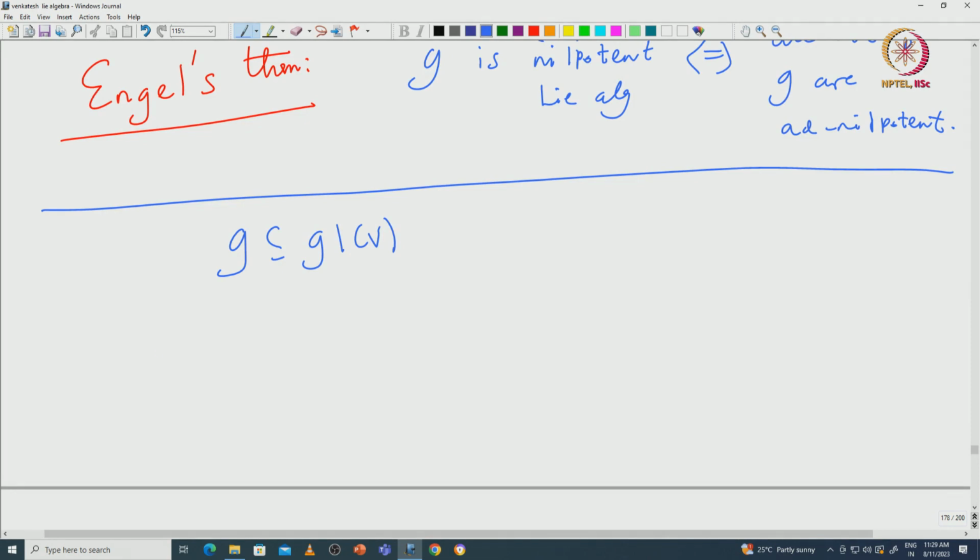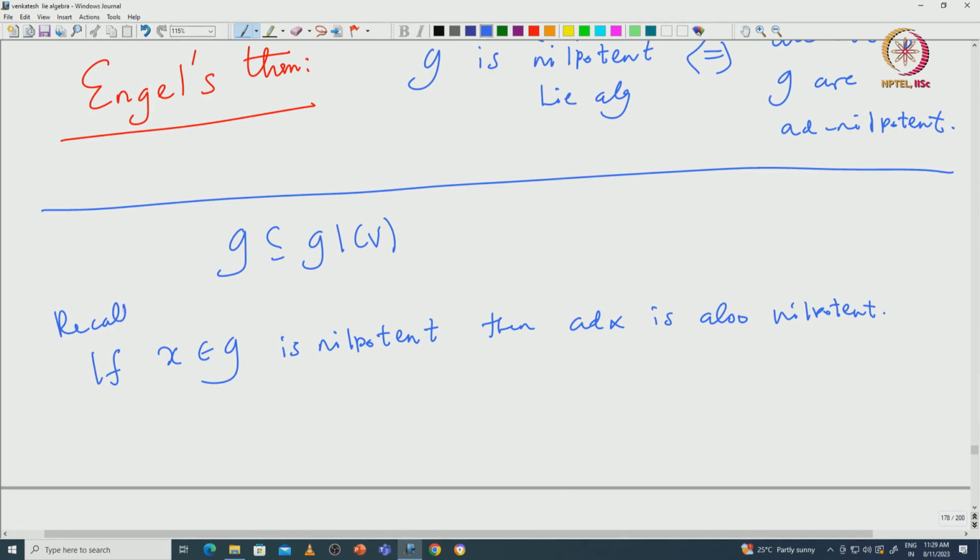Then we can talk about nilpotent elements inside G. If X is nilpotent, then we proved that ad X is also nilpotent. This is something we already proved.